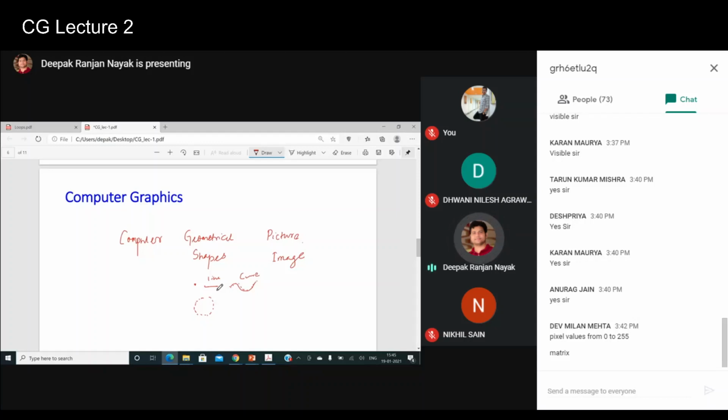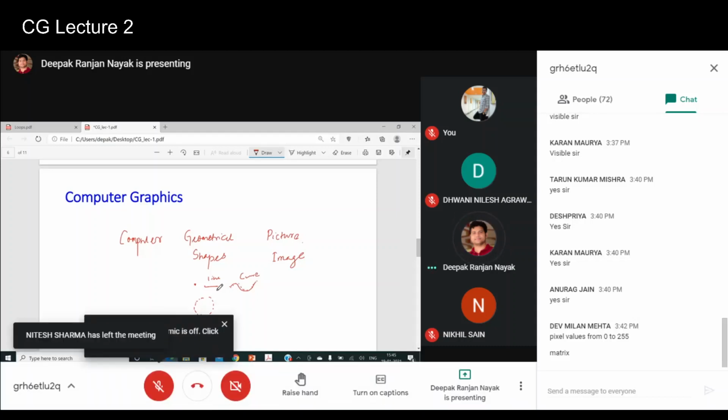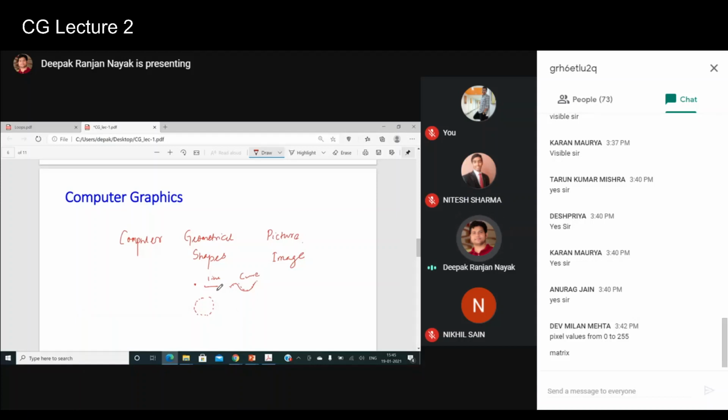So we'll see throughout this course how these geometrical shapes, these primitives, are drawn on the display screen, and what the algorithms associated with this are, how you draw lines on the display device. We'll also see the transformations of a shape. Let's say there is a shape.